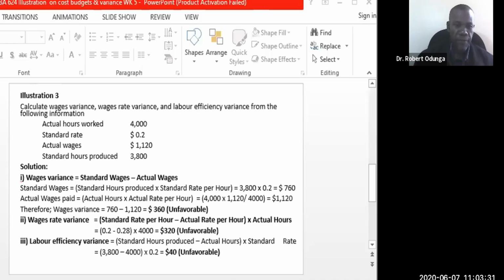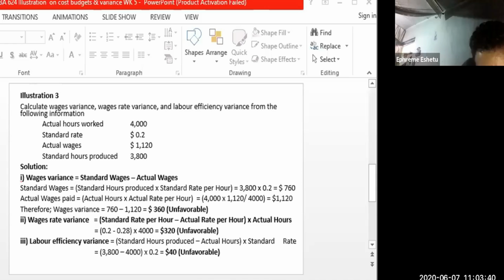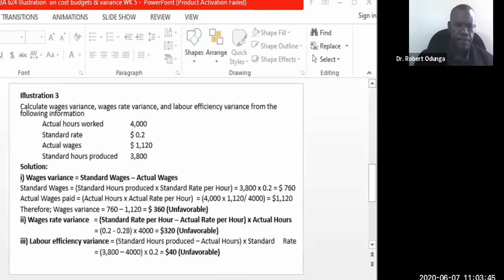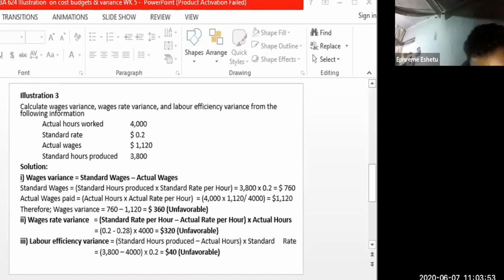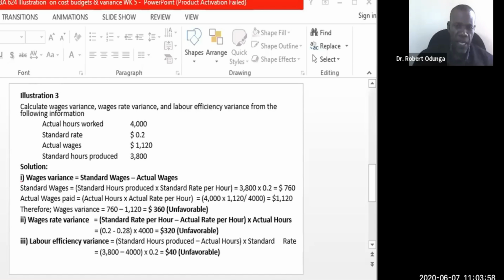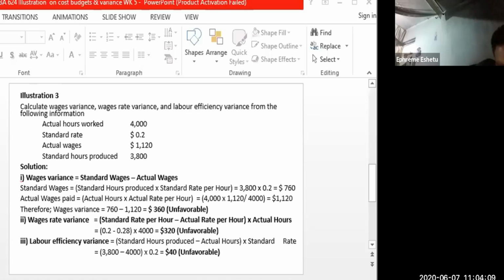And then for wages rate variance, we know it is given as standard rate per hour minus actual rate per hour, times actual hours.